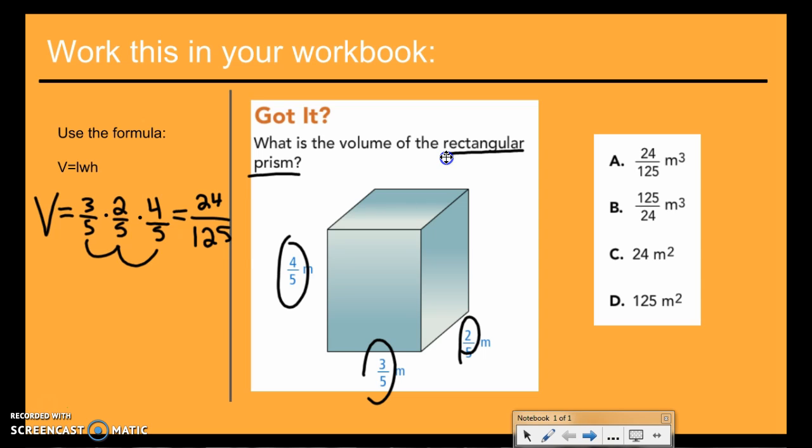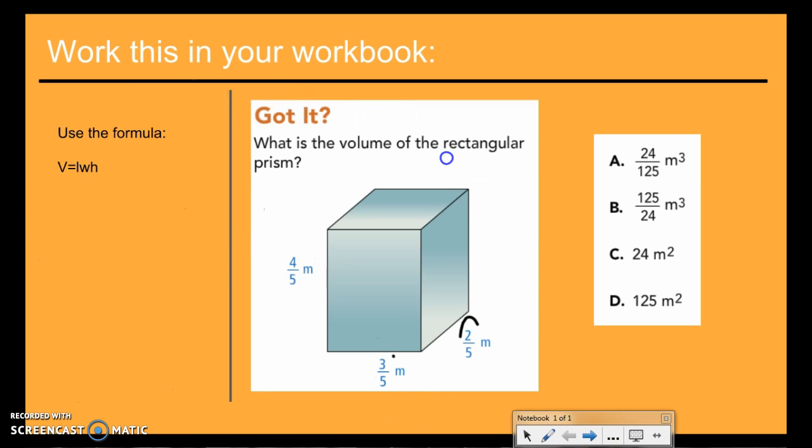Alright? So, our answer, since we're using the units, our unit measurement is meters. We do meters times meters times meters, which is meters cubed. Alright, hopefully you're on the same boat with me. Again, if you prefer the other method, you can use that other method. It's up to you.